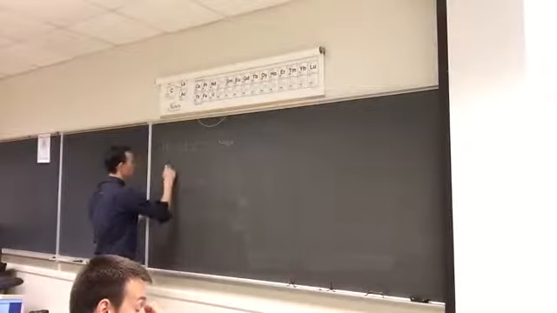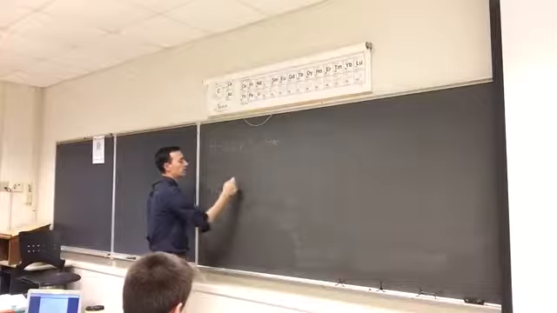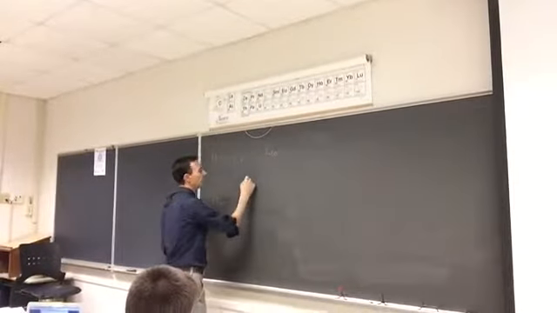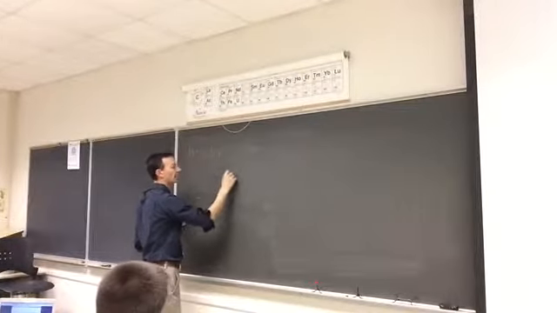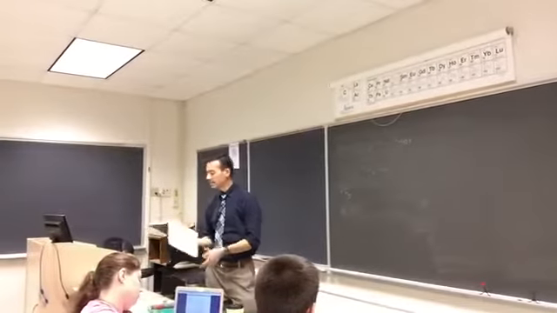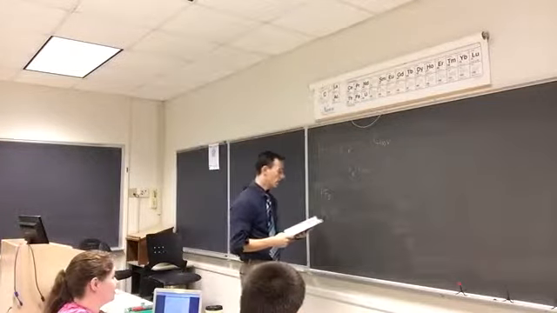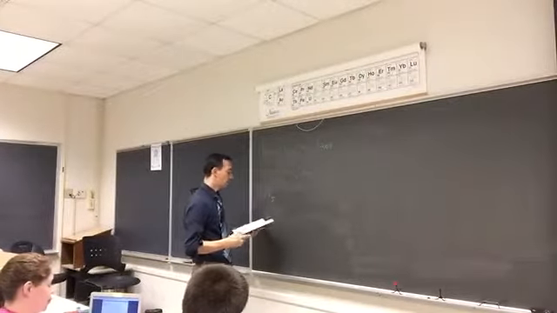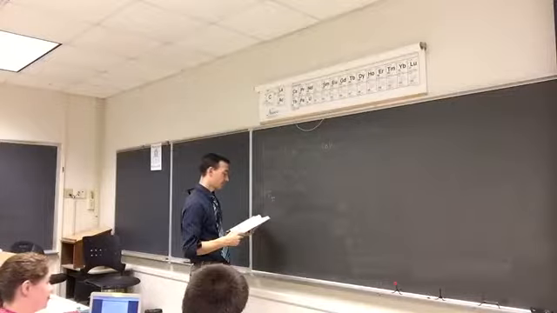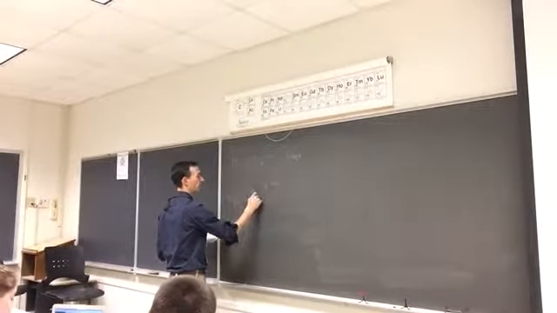Okay? If we threw in our carbon dioxide, to show you what the difference is there, it has a C infinity axis as well. However, it additionally has a C2 axis that goes this way as well.